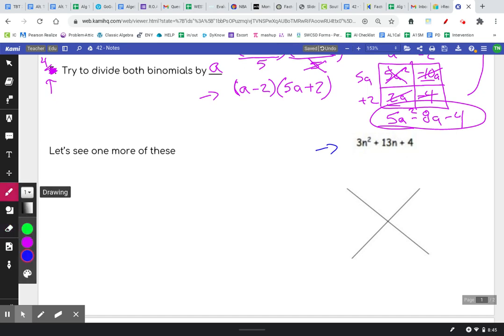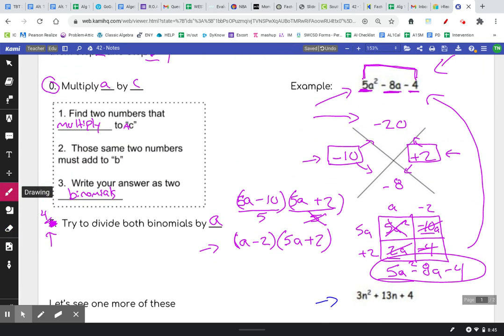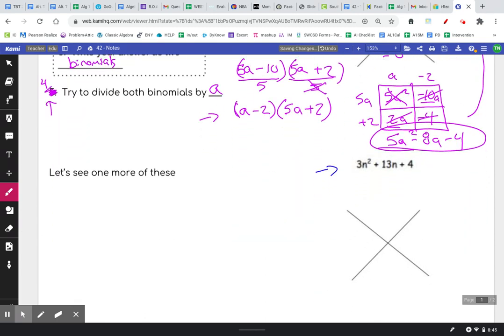So we follow these new steps. What are these new steps again? Let's go ahead and bust them back out. Step 0, multiply a times c. So I'm taking 3 and 4, and multiplying. 3 times 4 is 12. So I'm putting 12 up here. And I know my b term goes below, 13. So I need two numbers that multiply to 12 and also add to 13.